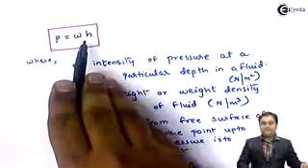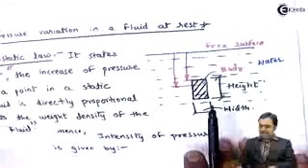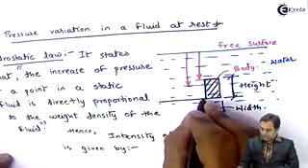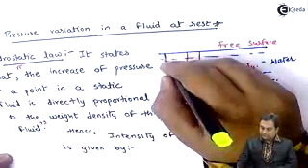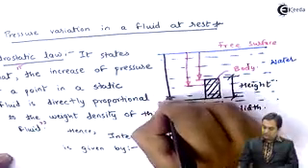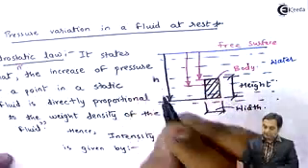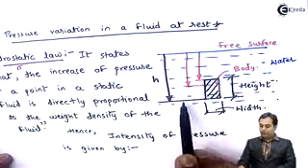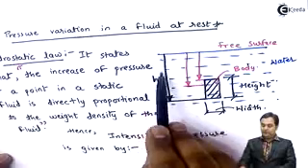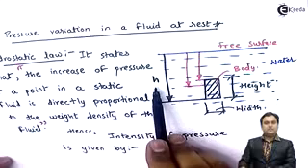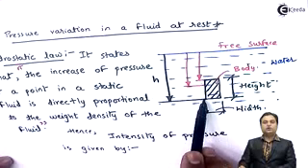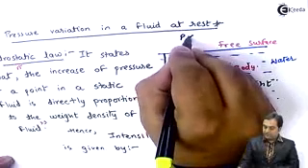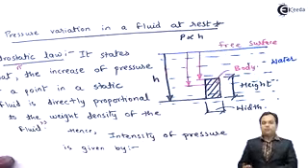Now this H will go on changing, and if I want to show it on the diagram, then H will be maximum at this location. That is from the free surface of liquid to the bottom of this body, we would be having the maximum height, and at this maximum height the pressure intensity will also be maximum, because as we know, pressure intensity is directly proportional to the height.